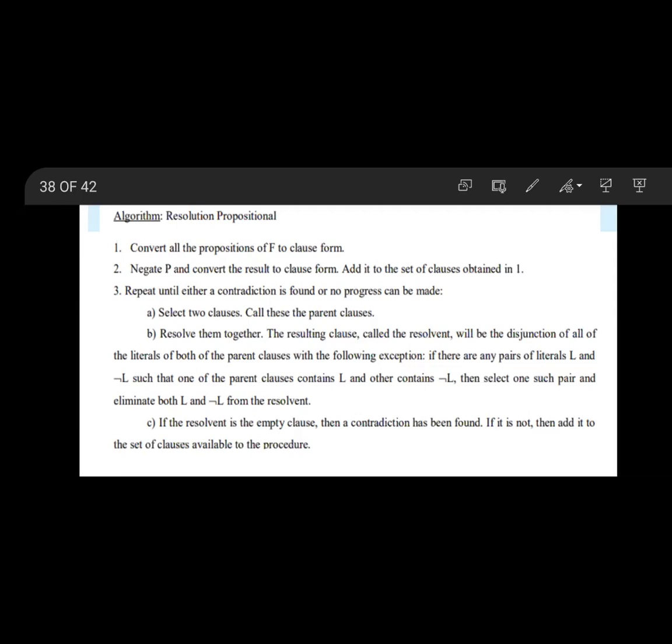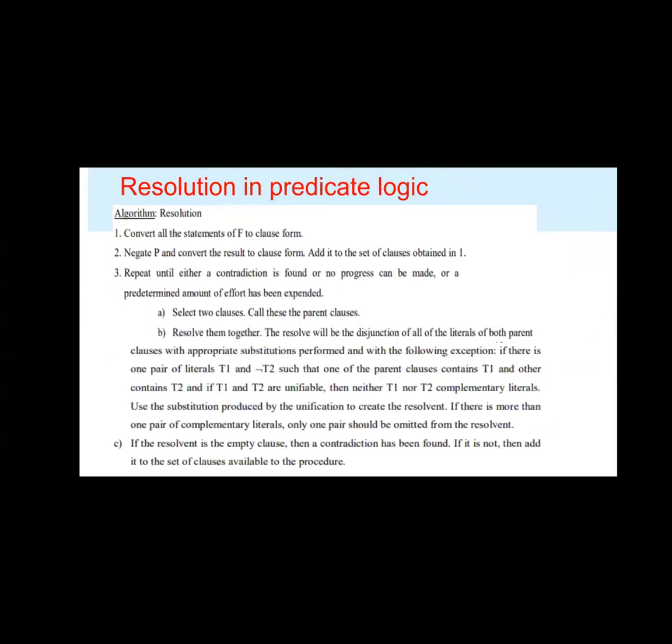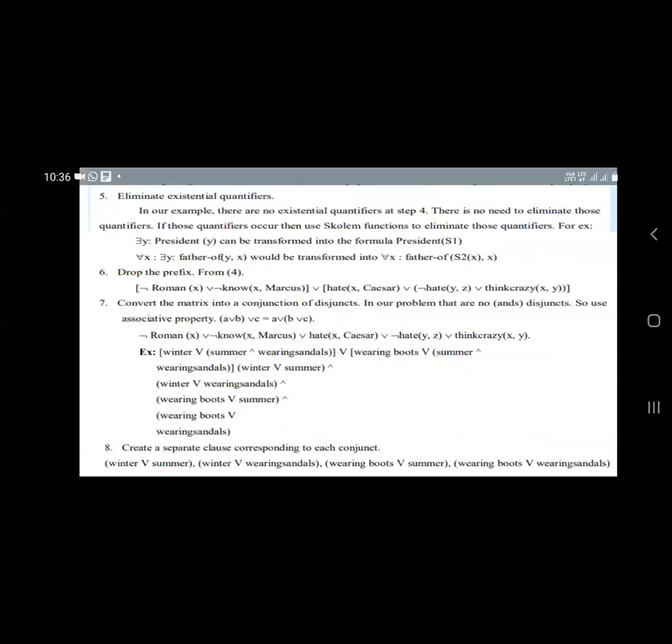Resolution refutation is the most favored method for developing computer-based systems that can prove theorems automatically.